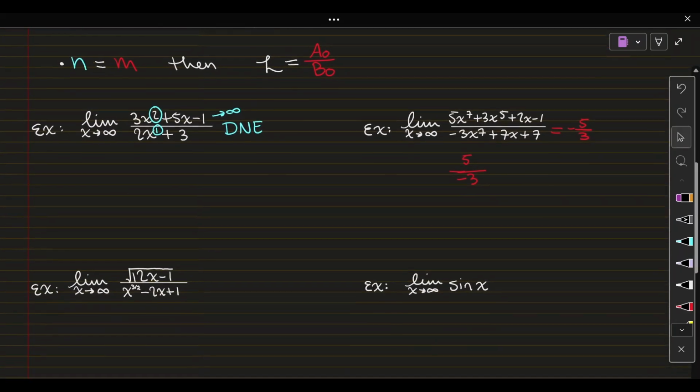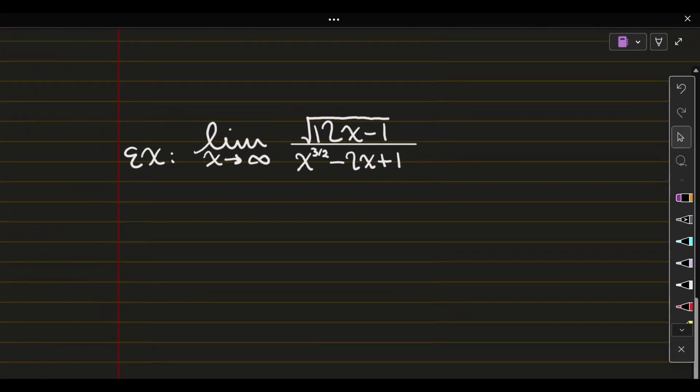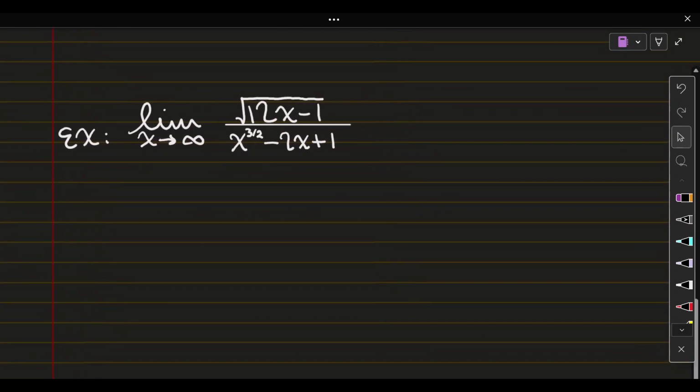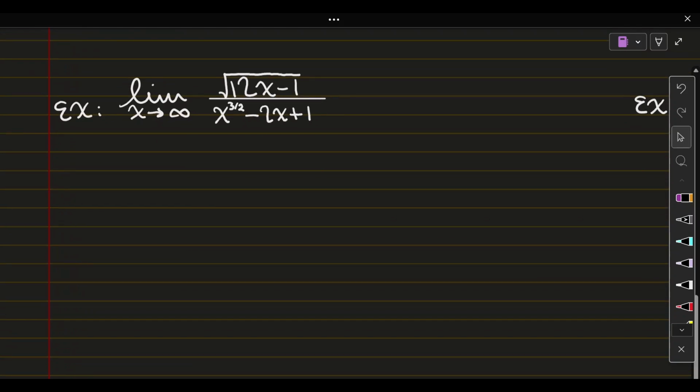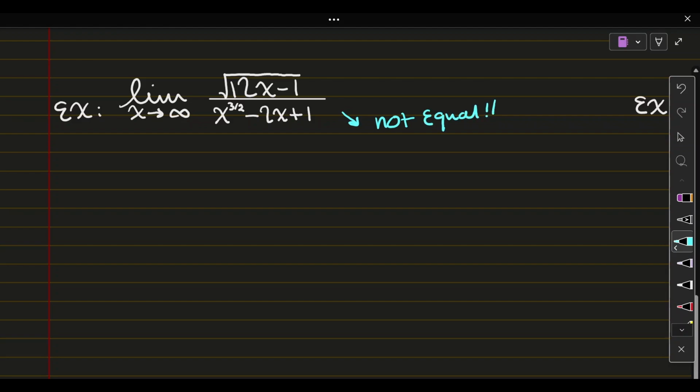Okay, moving on, I have the square root of 12x minus 1 over x to the 3 halves minus 2x plus 1. Okay, this is a little bit more tricky to think about. I think the good way to think about this is these are not equal, because these are not the same.